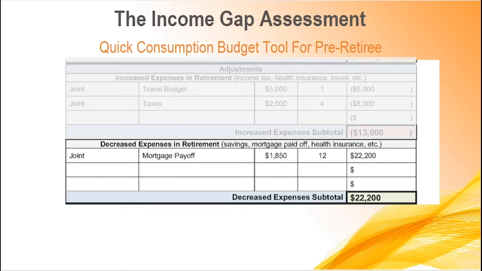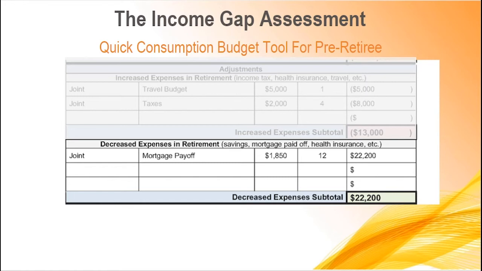Now, the second section under adjustments are decreased expenses in retirement. Examples of decreased expenses in retirement come from the beginning of the exercise. If the client told me that they were saving each year, so they had $106,000 coming into their bank account, and if they told me they were saving $20,000 a year of after-tax money, well, when it comes to retirement, I don't need to build a retirement income plan that is creating additional savings for them, accumulating money in their checking account.